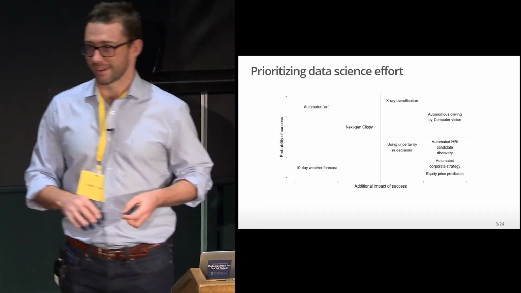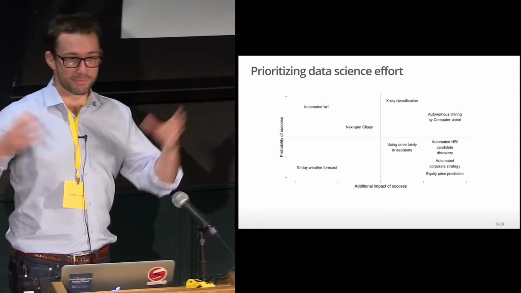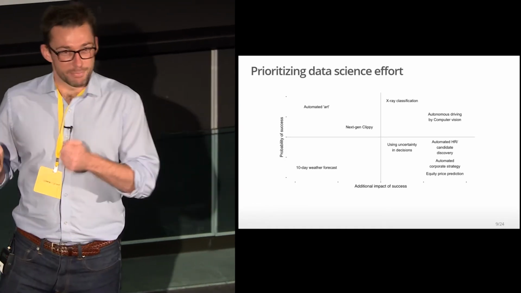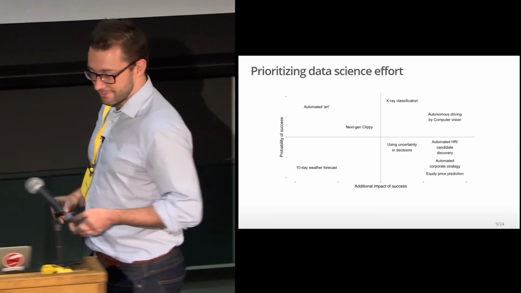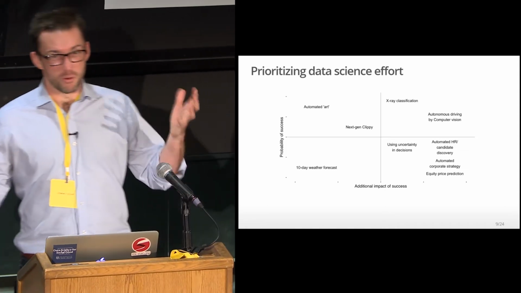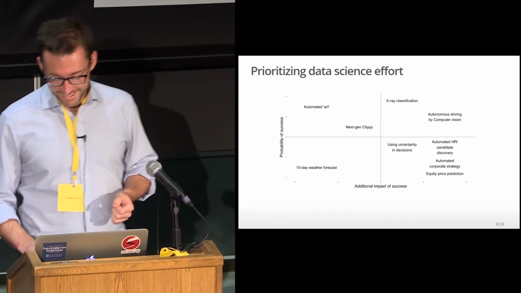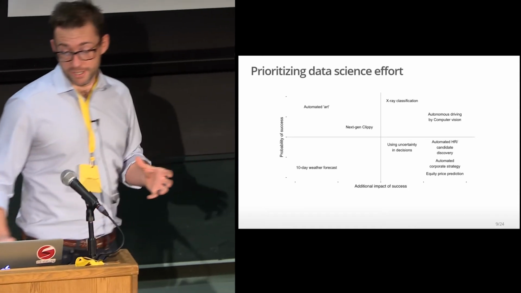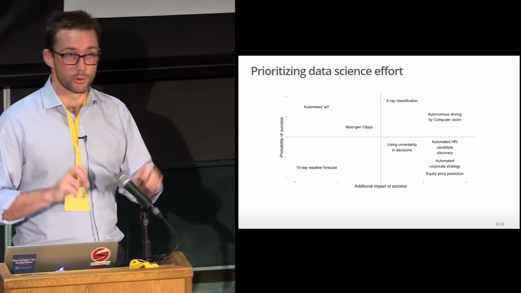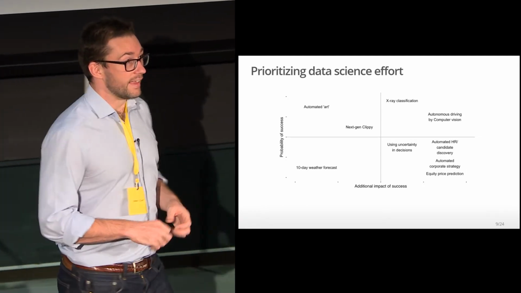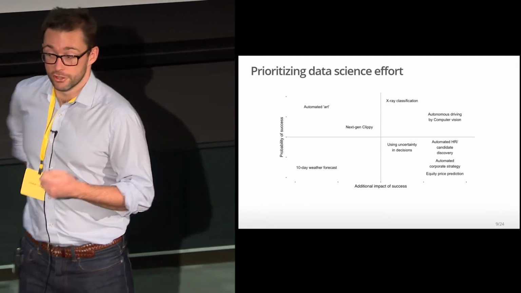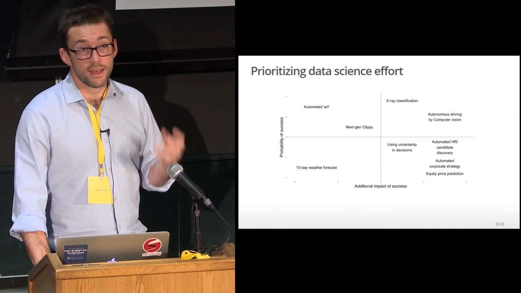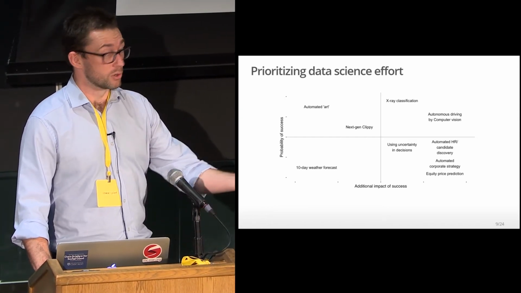I know you're not meant to talk about Kevin Spacey today, but House of Cards apparently came about because analysts worked out that people really liked political thrillers and Kevin Spacey, and it's like, whoa, let's put Kevin Spacey in a political thriller. But there are probably more complex problems that we can solve with quote-unquote automated corporate strategy. That's where we learn a lot from game theory and use game theory to help guide how our models work.